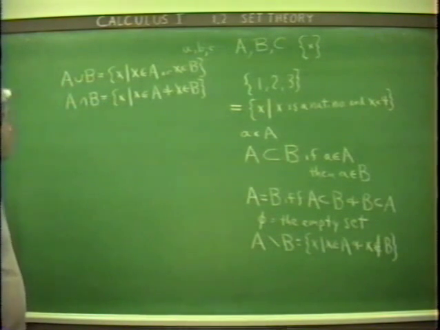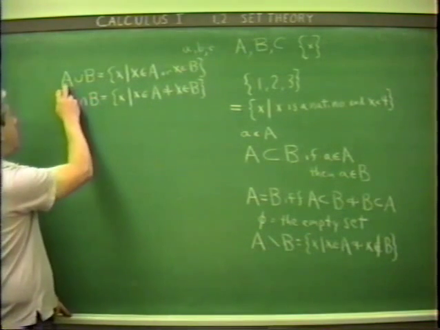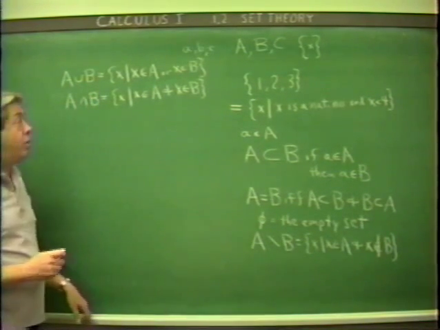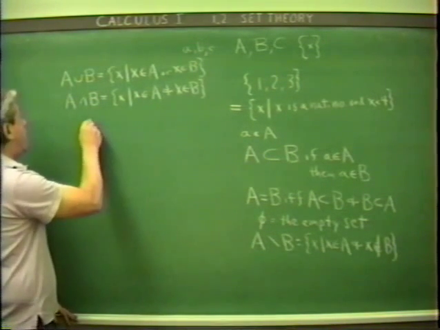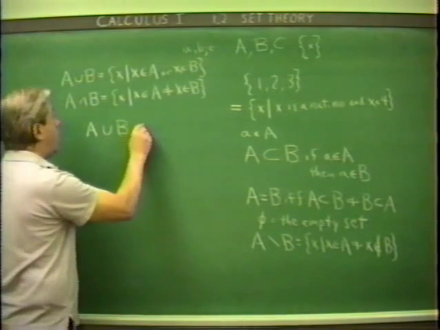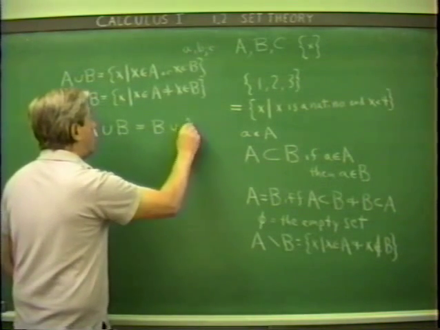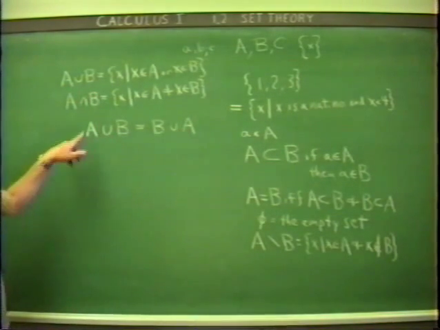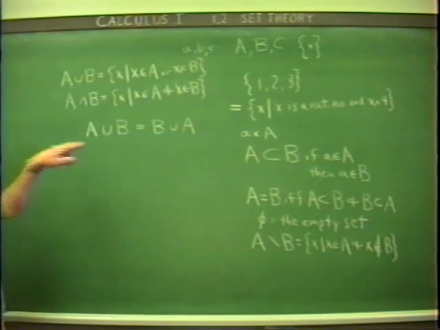Union and intersection obey several rules. In particular, the order is not really important in the way in which union and intersection are done. That's to say that A union B is the same as B union A. It's exactly the same set, and the way to show this is to show that every element that belongs to the left-hand side here also belongs to the right-hand side.